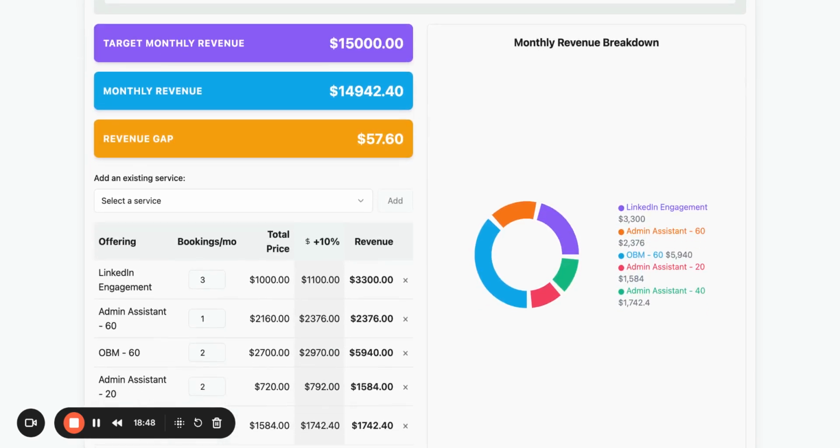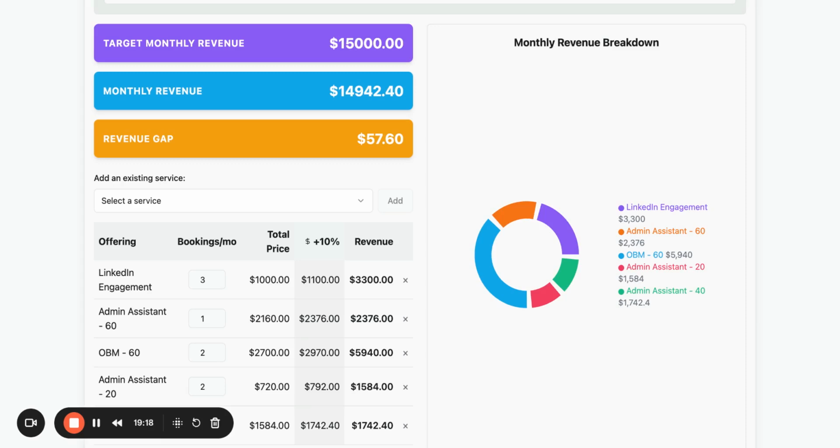So the whole exercise of all of this is running every scenario possible so that you can start to see not necessarily that you're closer than you think, because sometimes I feel like that's not helpful advice, but more so this is the exact amount of either new clients or price increases or both that it will take for you to get there.